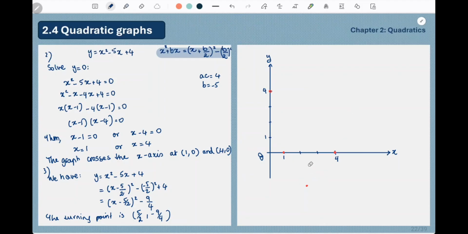It's not looking good, but I'm just going to try my best. And it should be symmetrical around this line over here, if you can see. Yeah, and this is how you would find any quadratic graph.